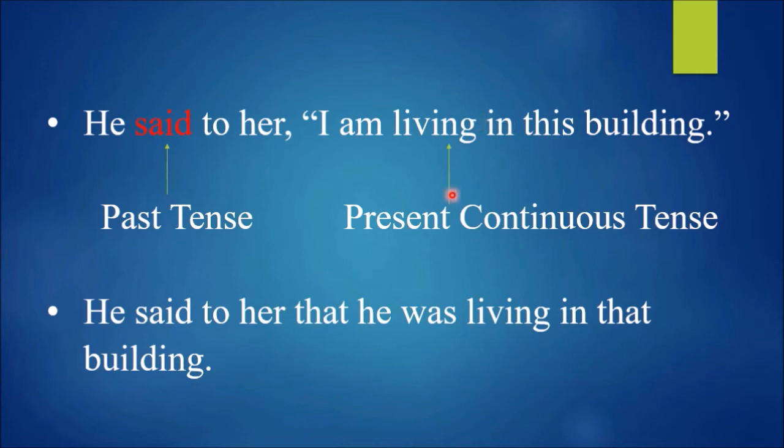It is present continuous tense. We change it into past continuous tense because there is past tense in the reporting speech. The last change that we have made is the other changes, this into that. So it becomes, he said to her that he was living in that building.